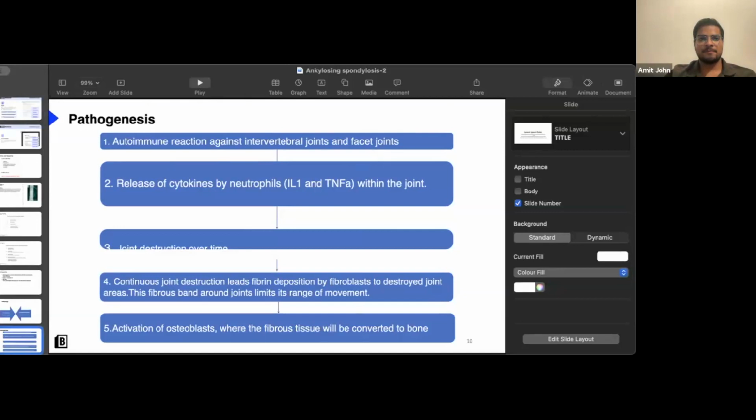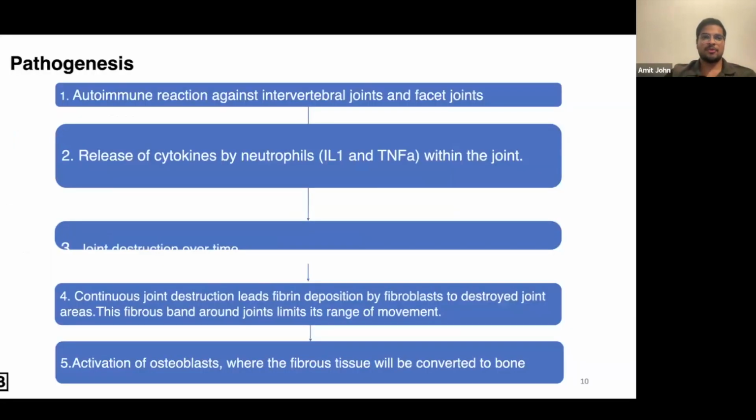Okay. So pretty much this is an autoimmune reaction against the intervertebral joints and the facet joints. Again, it's genetic, but we don't 100% know the exact etiology for it. This will cause a release of cytokines by the neutrophils within the joint space, specifically tumor necrosis factor alpha and interleukin-1.